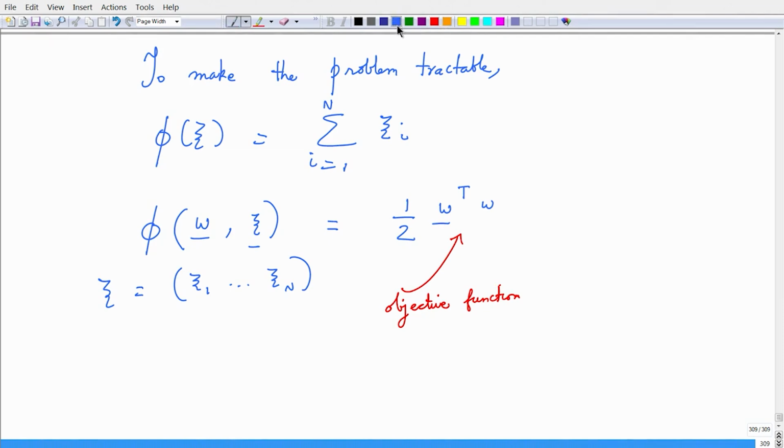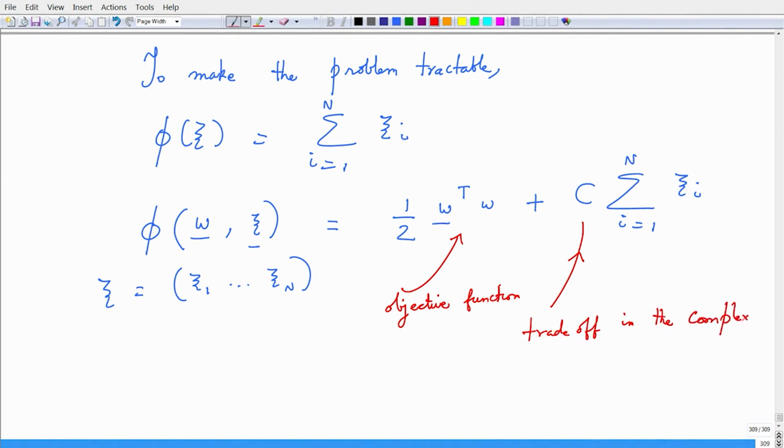along with the constraint, and this is an equality constraint. So, it is C times summation I equals 1 to n zeta I, and this quantity C provides a trade off in the complexity of the machine.